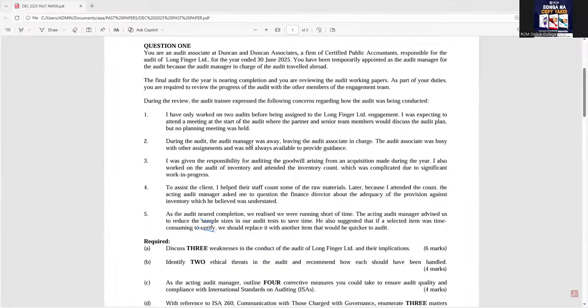You can see what happened at this point here. To assist the client, I helped their staff count some of the raw materials. Later, because I attended the count, the acting audit manager asked me to question the finance director about the adequacy of the provision against inventory, which he believed was understated. As you can see, this audit trainee was part and parcel of counting the raw materials.